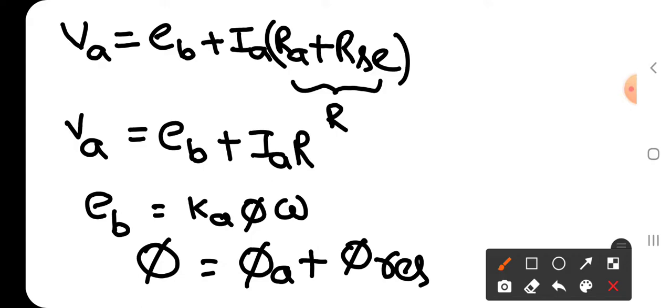The flux due to residual magnetism is constant.